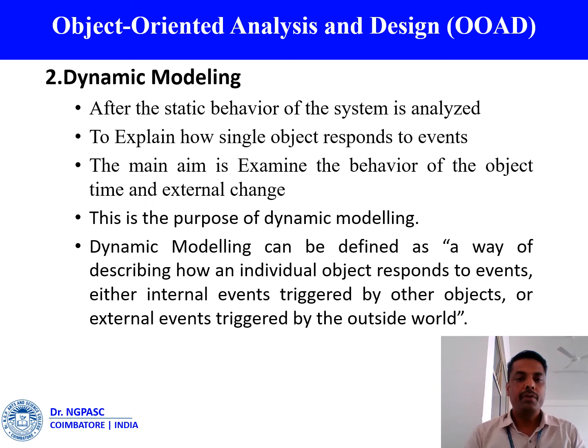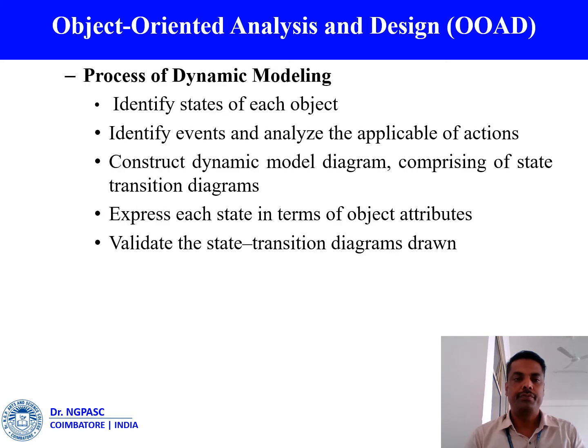Dynamic modeling can be defined as a way of describing how an individual object responds to events, either internal events triggered by other objects or external events triggered by the outside world. These are the key points of dynamic modeling.